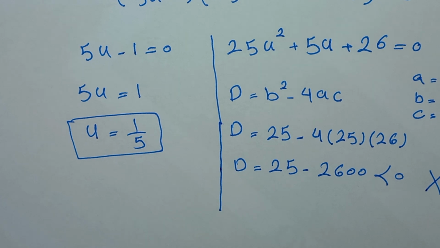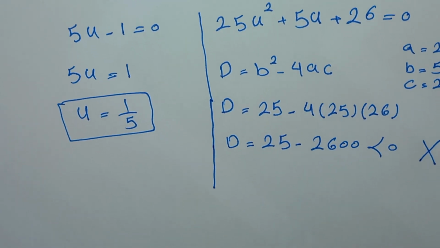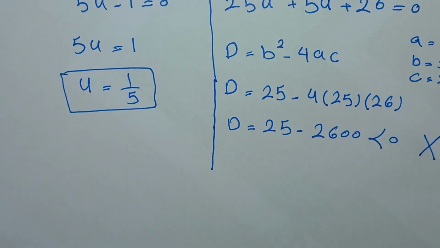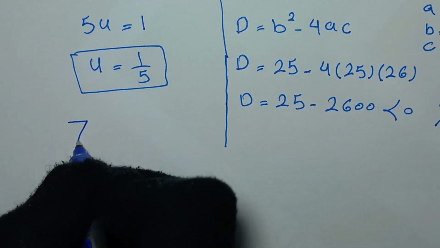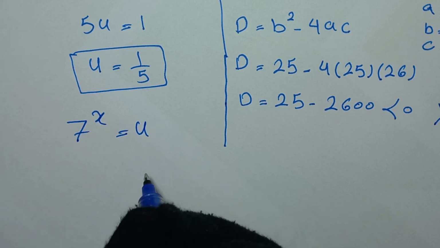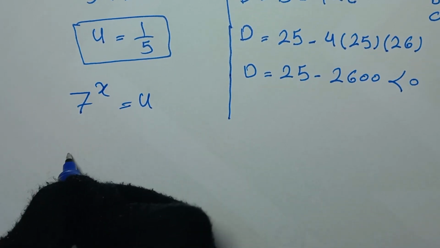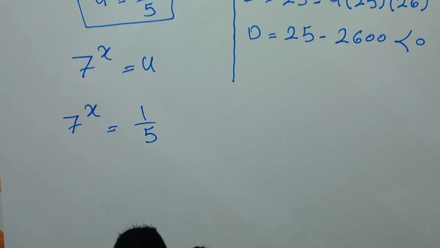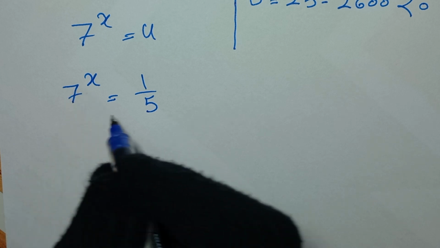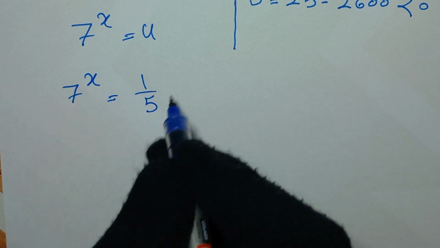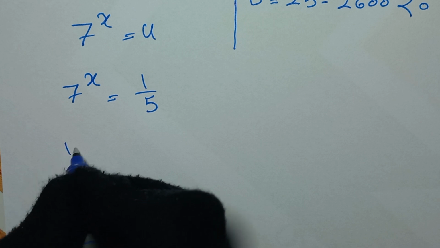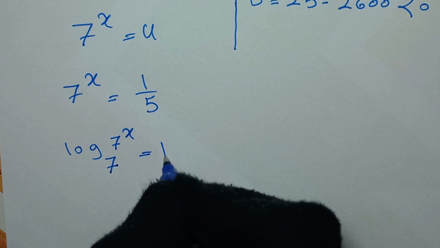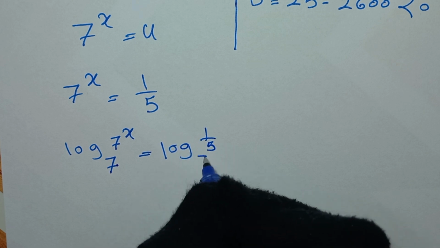So in the next step, we recall this 7 to the power of x is equal to u, and u is 1 over 5, right? So we write 7 to the power of x is equal to 1 over 5. And in the next step, we apply log of base 7 to both sides of the equation, and it will be log of 7 to the power of x to base 7 is equal to log of 1 over 5 to base 7.